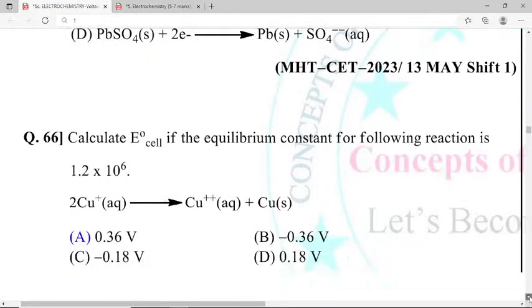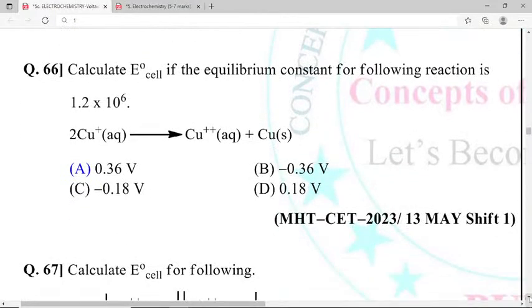Repeat 2022. Calculate the E naught cell and equilibrium constant for the reaction. So the equilibrium constant K value is given. Then what is the formula? E naught cell is equal to 0.0592 divided by n. What is the n here?